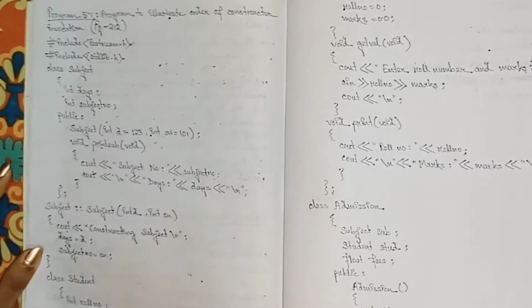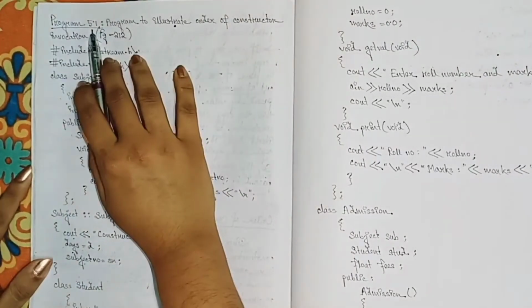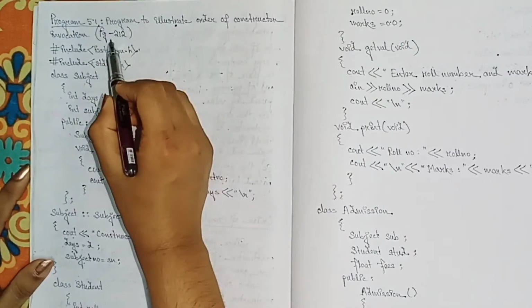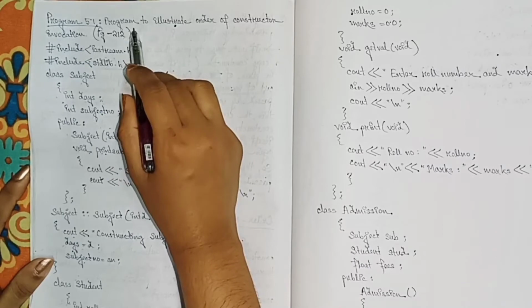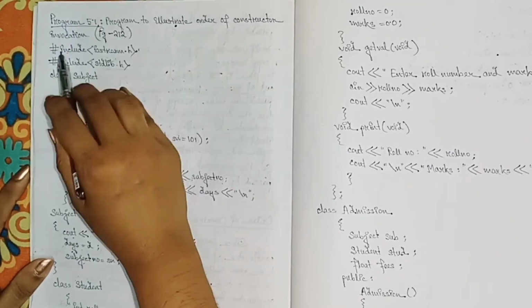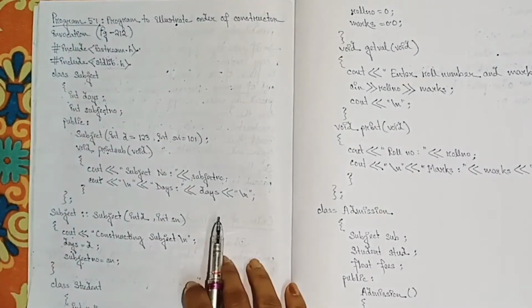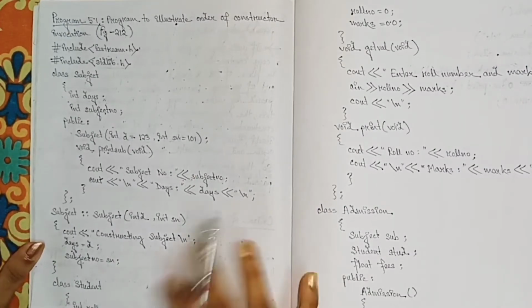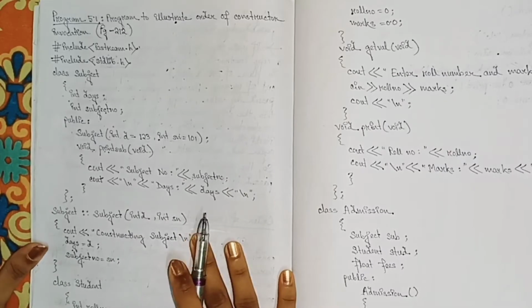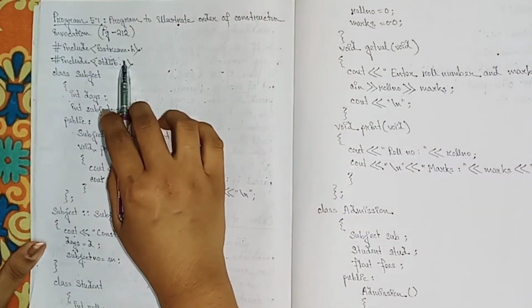Okay. Now see this program. This is program number 5.1 and this is on page number 212 of your book. This program is to illustrate the order of constructor invocation, meaning how we invoke the constructor and what must be the order of a constructor invocation, that we will see in this particular code. First we have included the header file.